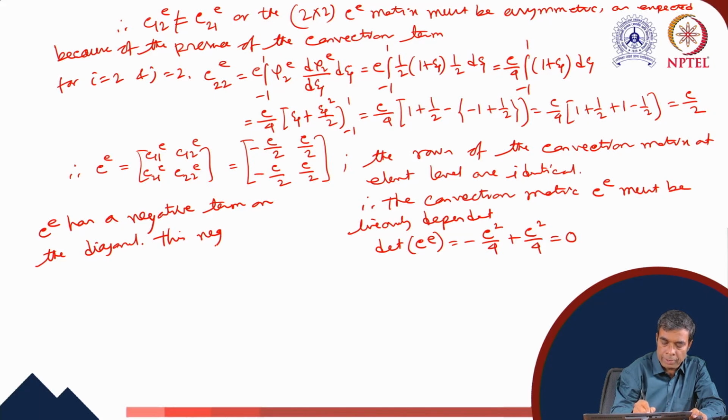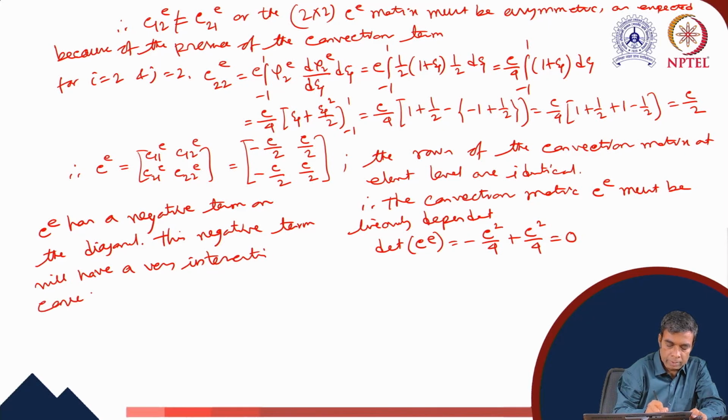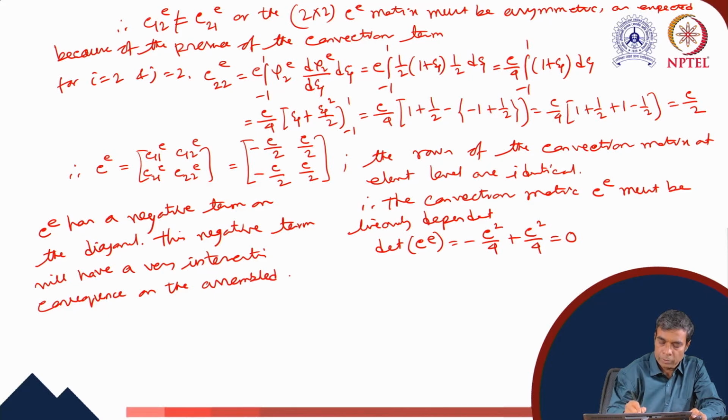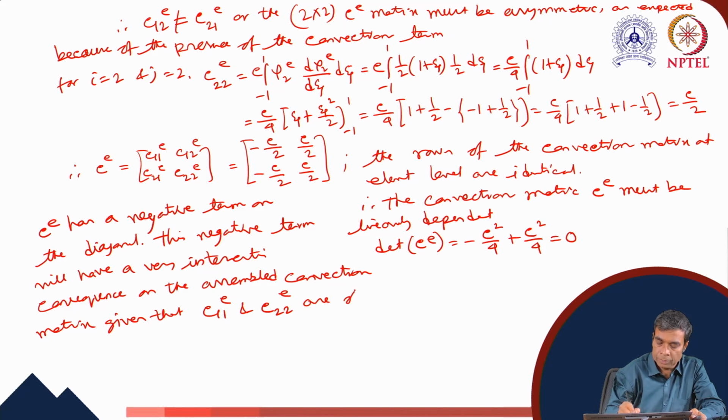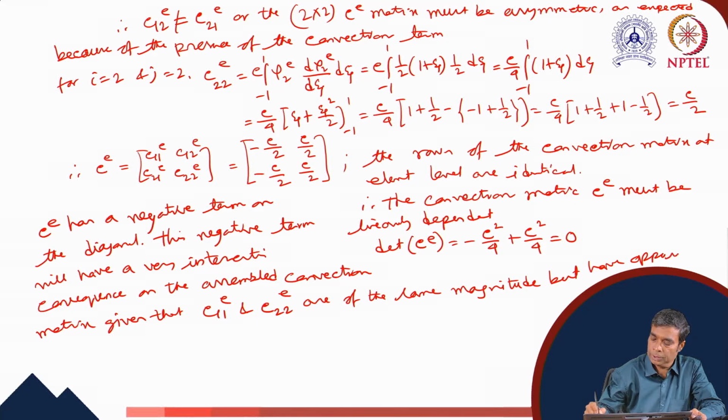This negative term will have a very interesting consequence on the assembled convection matrix, given that C11E and C22E are of the same magnitude but have opposite signs.